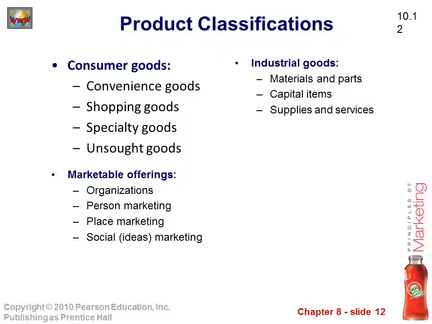The industrial goods include materials and parts, capital items, supplies and services. And we have the marketable offerings, including organizational marketing, personal marketing, place marketing, and social or ideas marketing.